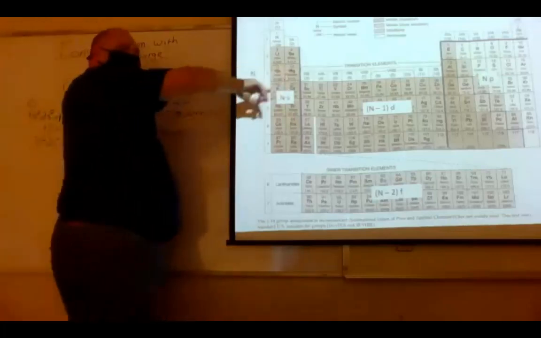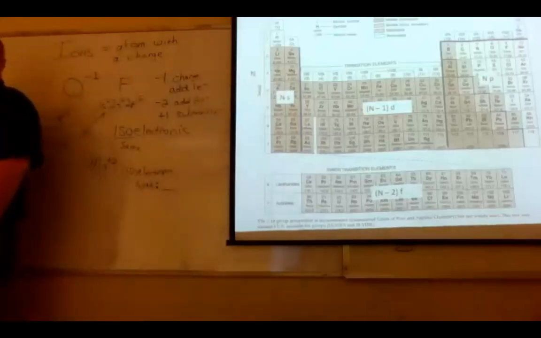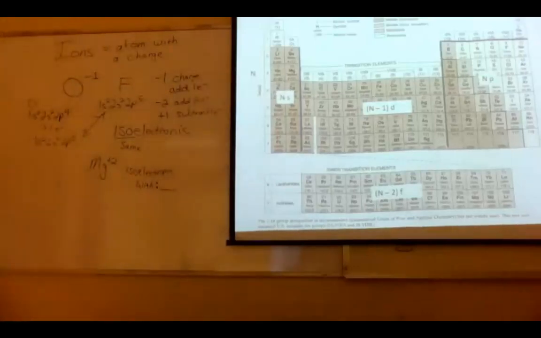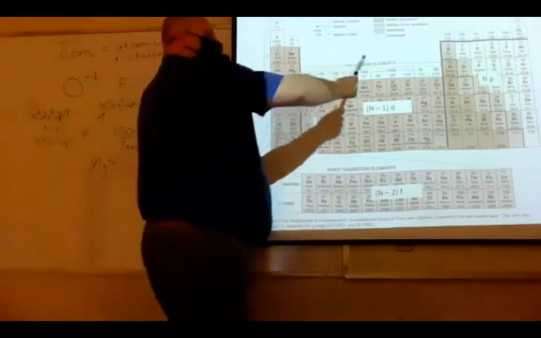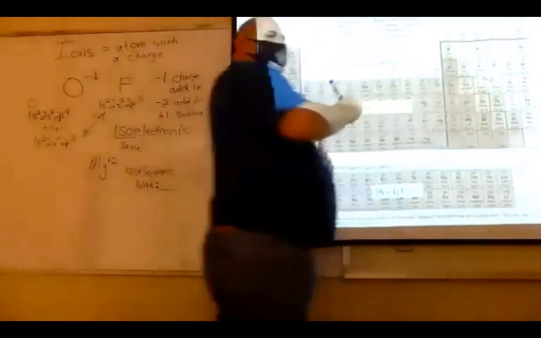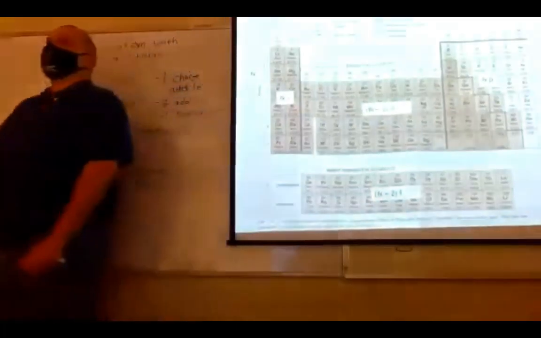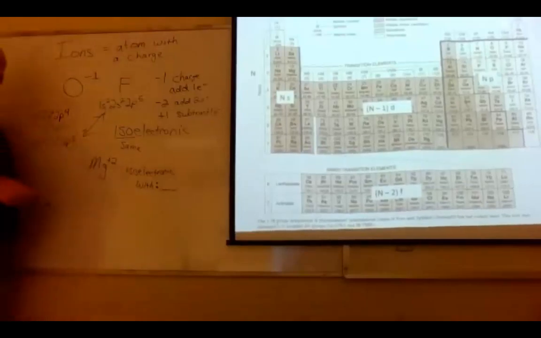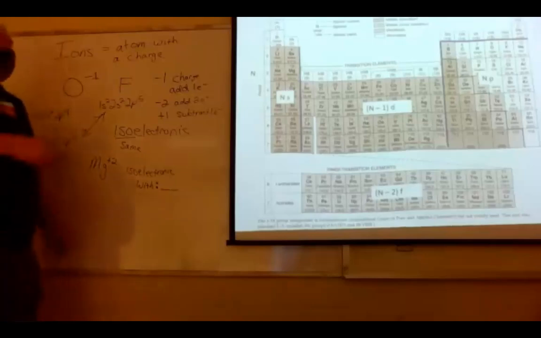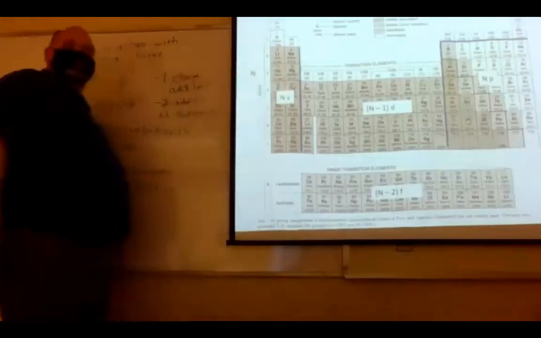Here it is at 12. So which way are we moving? Am I adding electrons or subtracting electrons? Remember it is positive. We're saying we've got 12 protons because it's magnesium. That's what that 12 tells me.